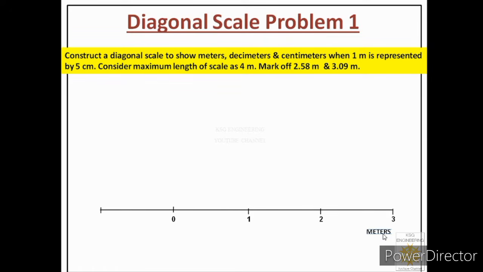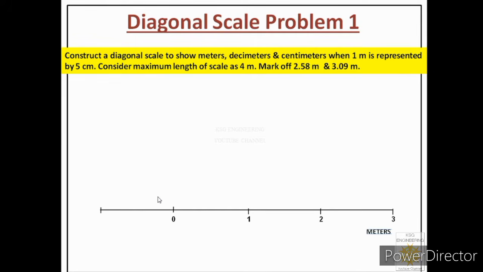Now come back to the definition part. So what was the definition of plane scale? Plane scale is a line divided into some equal number of parts and the first part of which is further subdivided. It means now our next step is we have to decide the number of parts for the first part.